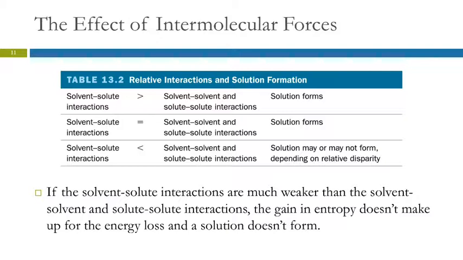Even if you lose some energy breaking stronger interactions to form weaker ones, there's that contribution of entropy that can make up for a loss in energy. So you can have weak solute-solvent interactions and still have a solution, but if they're much weaker, then that gain in entropy won't make up for the loss of energy.